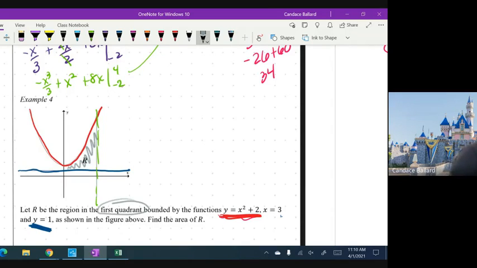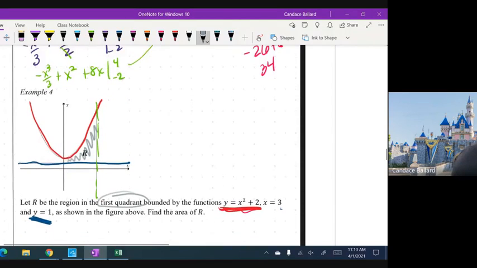So if I'm going to set this up, which one is on the top? The x squared or the y equals 1? Can you guys tell me which one is on the top? All right, perfect.